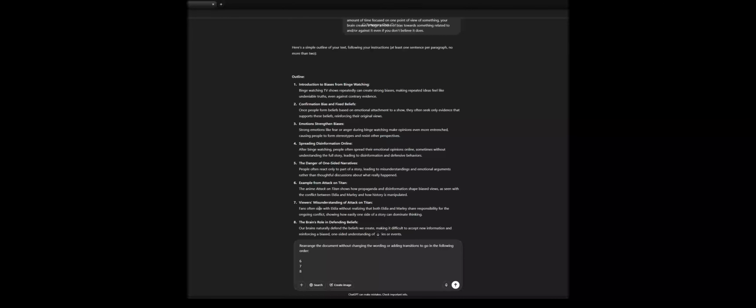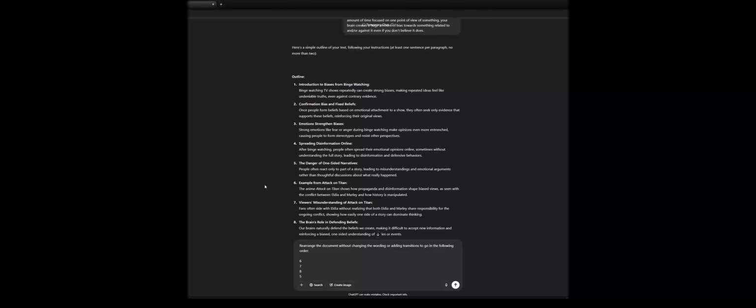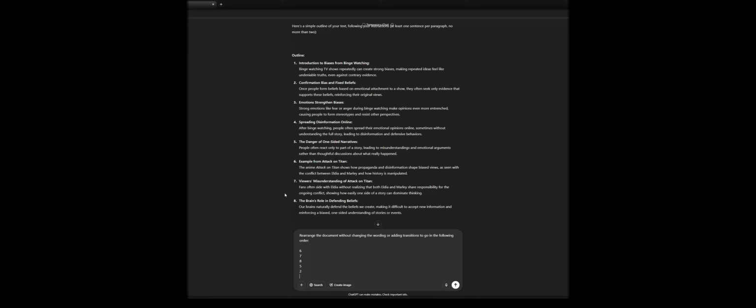And then danger of one-sided narratives, 5. Confirmation bias and spreading disinformation, which is 2. And we're spreading misinformation, 4. So 6, 7, 8, 5, 2, 4.